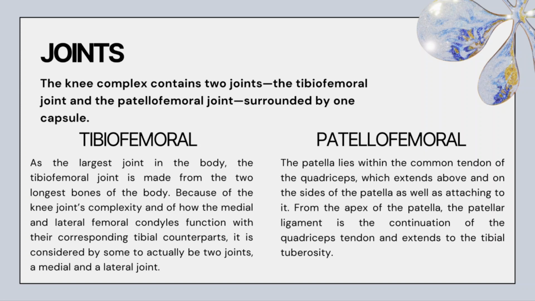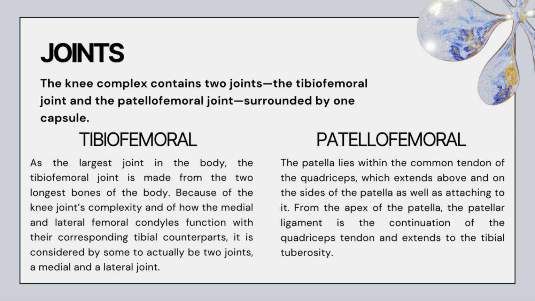Let's proceed with the joints. The knee complex contains two joints, the tibiofemoral joint and the patellofemoral joint, surrounded by one capsule. Tibiofemoral: as the largest joint in the body, the tibiofemoral joint is made from the two longest bones of the body.